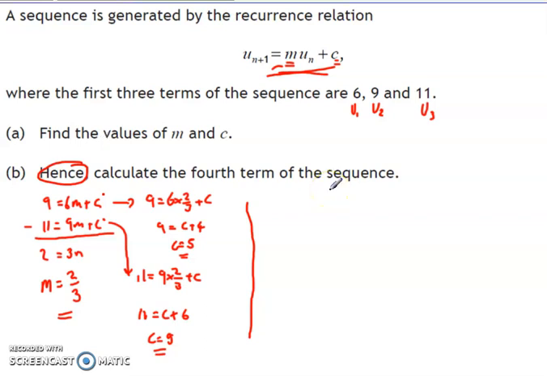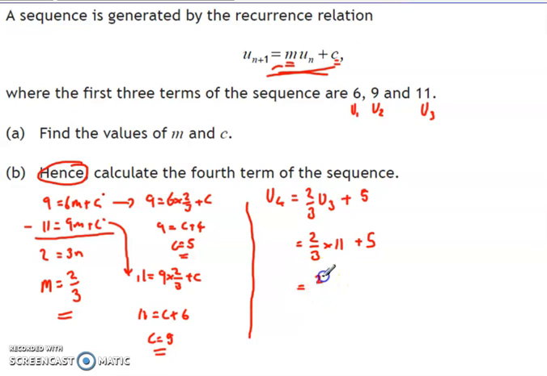So first thing we have to do is set up our recurrence relation that we're going to use. We know we want the fourth term, u4. We know that's going to equal m, which is 2/3, times the previous term, which is u3, plus c, which is 5. Then it's plugging in the values and working it through. So that would be 2/3 times u3, which is 11, plus 5.